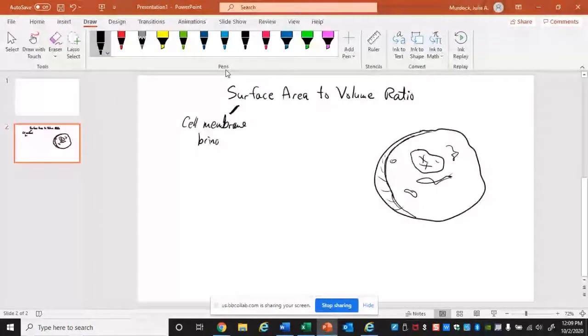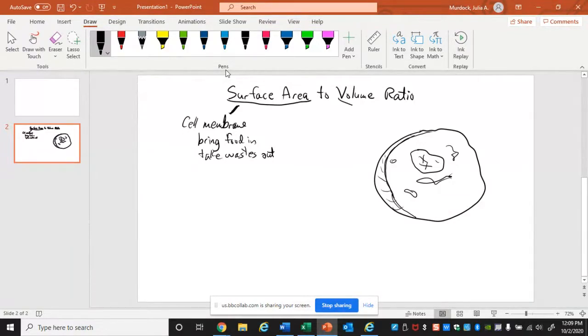So its job in terms of the importance to this ratio is to bring food in, take waste out. This is incredibly important in maintaining the homeostasis of this cell, okay? So that's what the surface area, the cell membrane, does in this scenario.